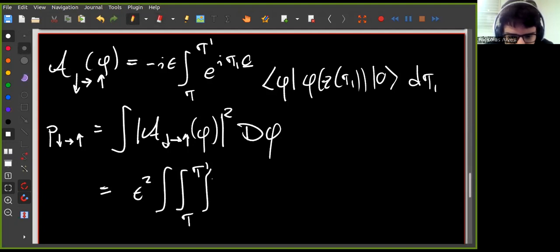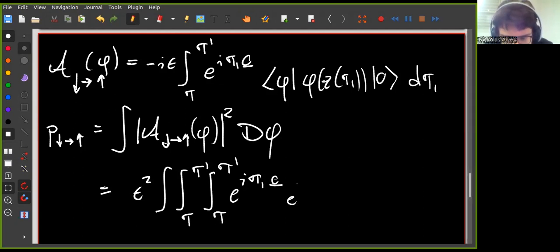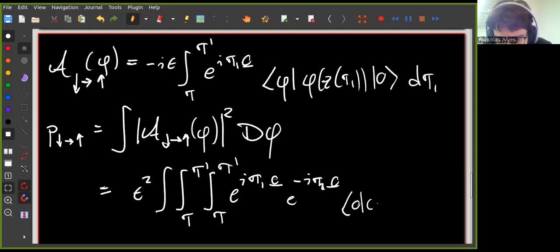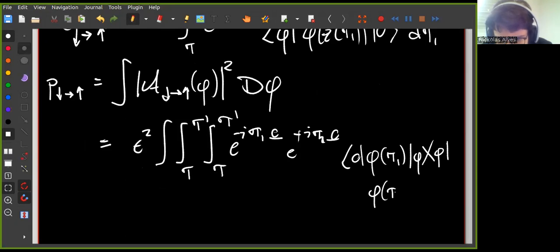There are actually two integrals from tau to tau prime, e to the i tau 1 omega, e to the minus i tau 2 omega, 0 phi, just this means phi of tau 1 phi, phi of tau 2 0, d tau 1 d tau 2 d phi.